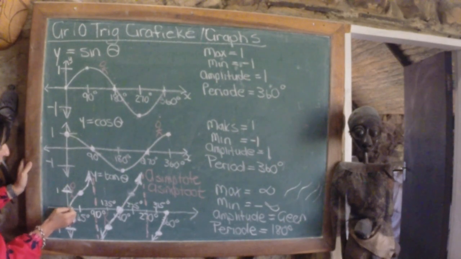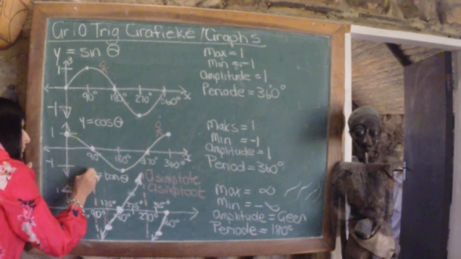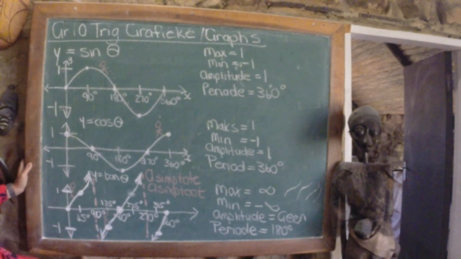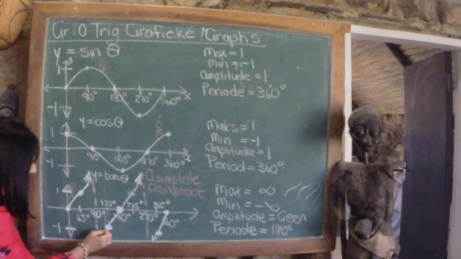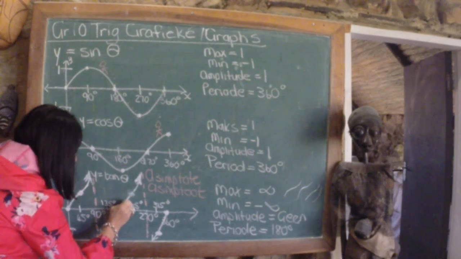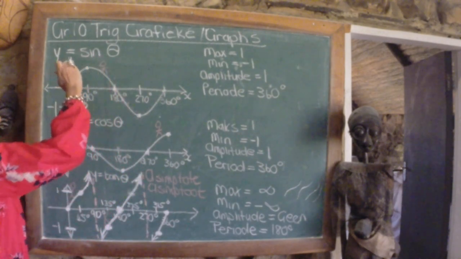Hy begin hier by 0, 0, 0 en dan gaan hy op deur my 1 en dan maak hy so kurwetjie op. There it's an arrow, it goes against the asymptote en dan gaan hy deur daai punt by -1, deur 180, deur 1. Dan maak hy so kurwetjie.